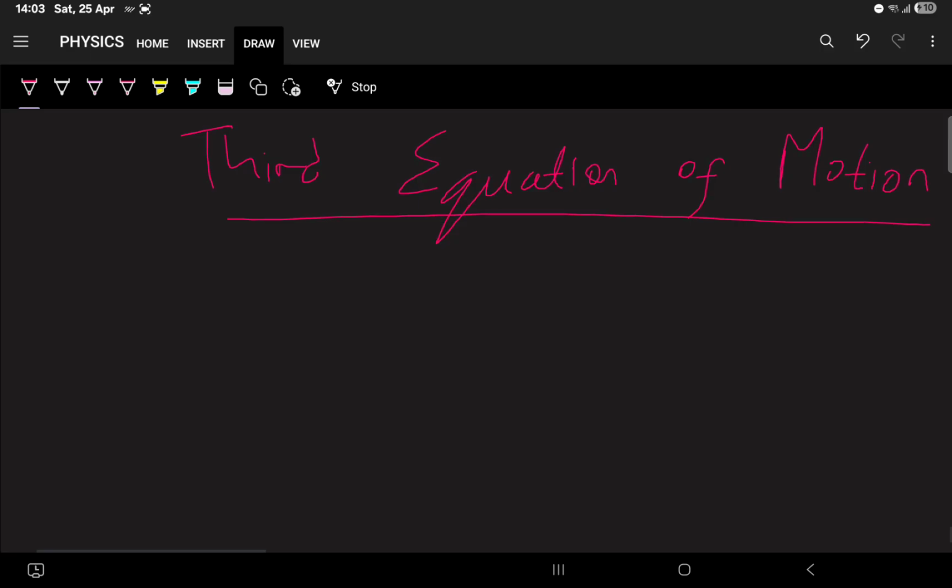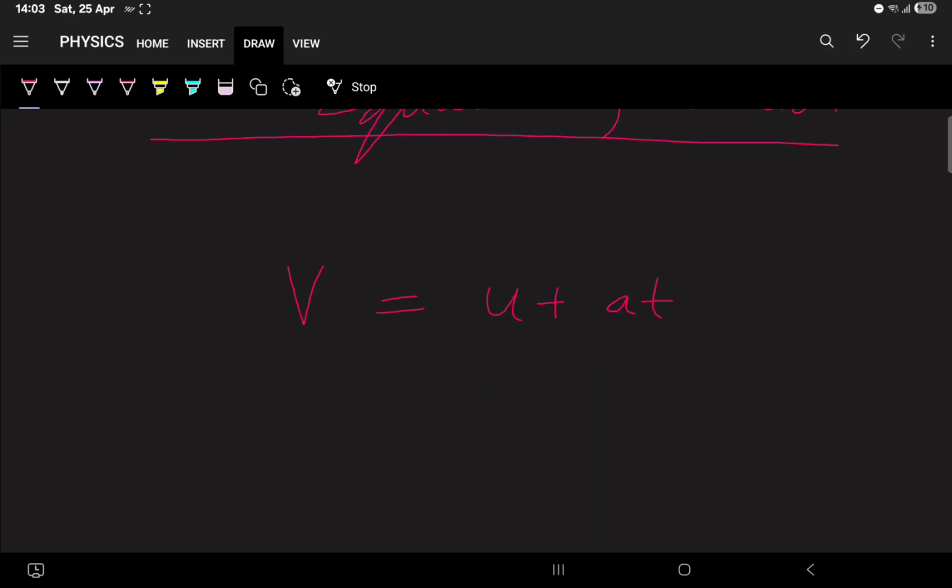Now, the third equation of motion can be derived from the first equation of motion. Our equation 1, we got it to be v equals u plus at. Now what I'm going to do is just square both sides.